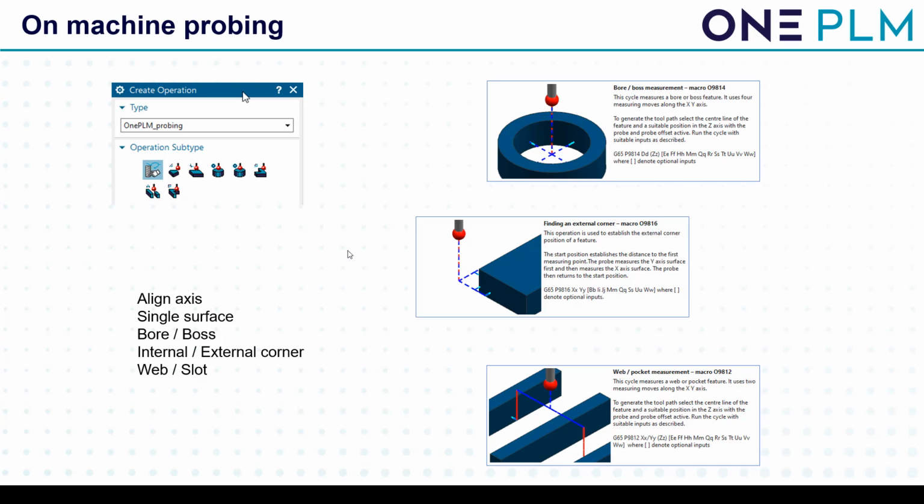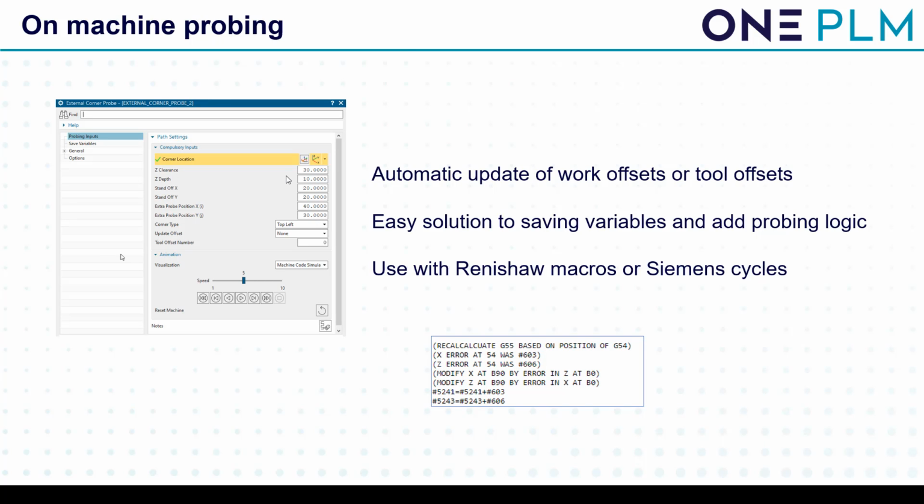They're all separate icons on the top within the operations subtype, and as you hover over each of those you get another pop-up which gives you a better description of what is taking place. When you select each of the operations, you get a dialog box specific to that operation type, and we'll be going through that in more detail in the next 20 minutes or so.